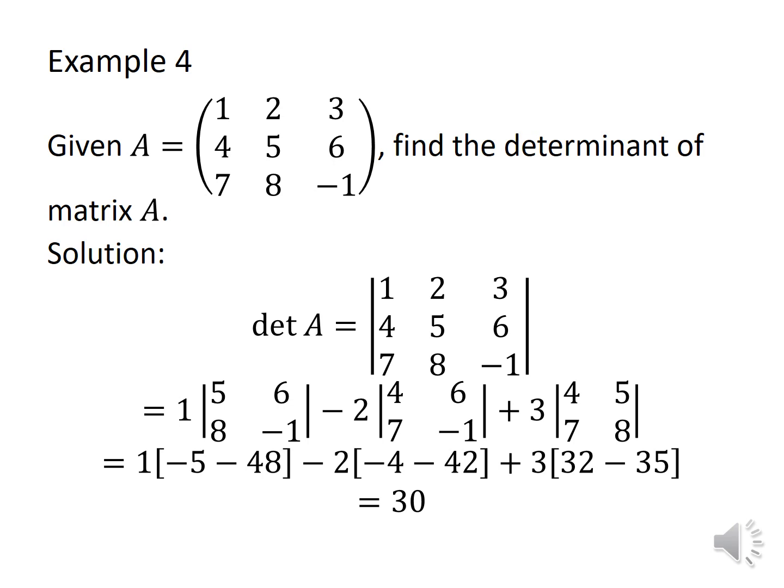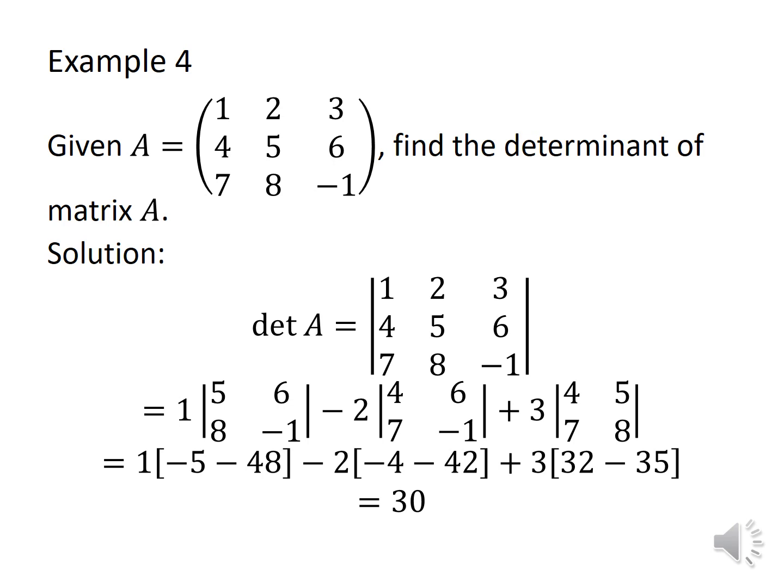Then you close the whole row and the whole column. So we have 5, 6, 8, negative 1. And the second element is 2, but the sign for this second element is negative. And then you close the whole row and the whole column of this element.